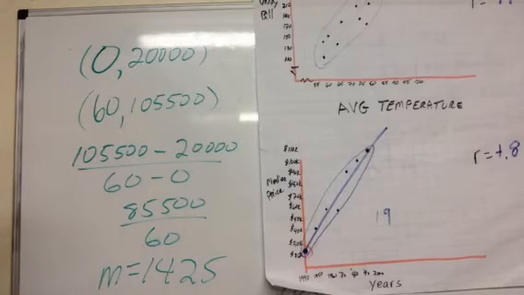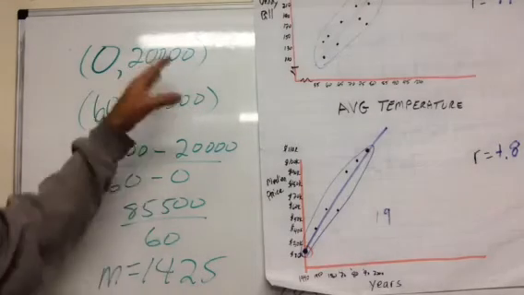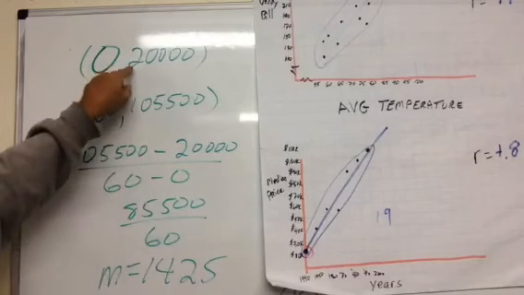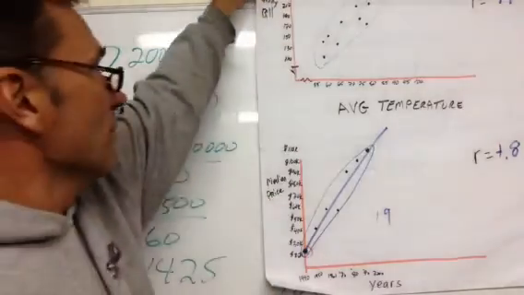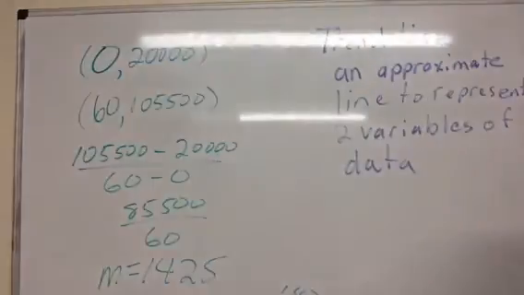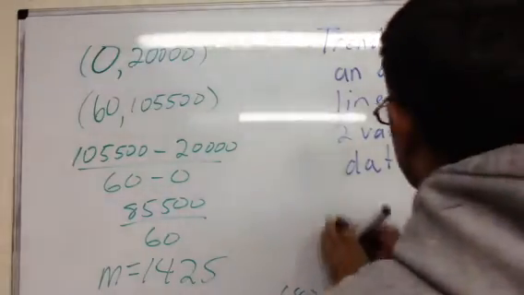Now, what else do we know from this? I know we know 2 points, but this is a special point. This is our y-intercept. So, from this graph, I can come up with a line of best fit or a trend line. Okay?